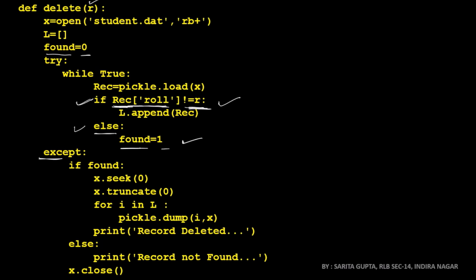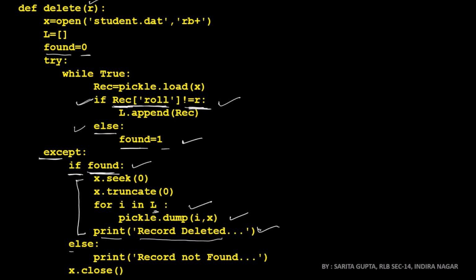And in the except block, I am checking the value of variable found as if found, which would mean that the variable found is holding a non-zero value, that is true. Then executing these statements where we are writing all records except the one to be deleted back onto the file student.dat through the list L, and displaying a message here, record deleted.